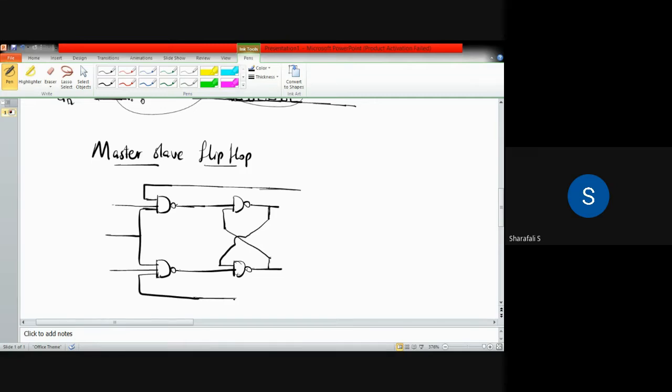In the master-slave flip-flop, we have one more additional JK flip-flop, so we need four more NAND gates.